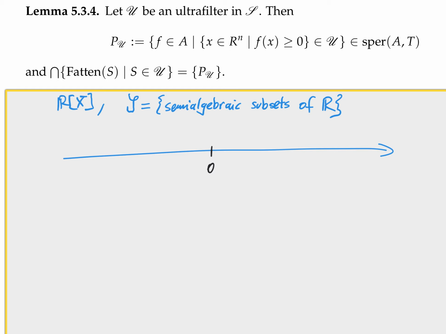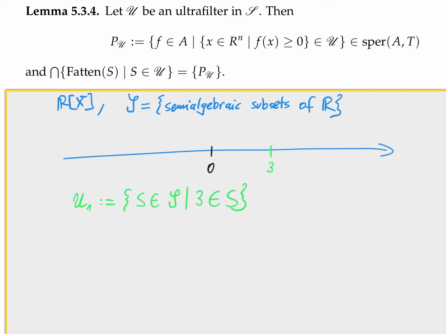Yes, so let's see. Maybe I can make two examples. One ultrafilter would be given by, let me take here a real number, let's take, for example, 3. Maybe let me make several examples. The first example, U1, would be the set of all S in the Boolean algebra S, so finite unions of intervals S, such that 3 is contained in it.